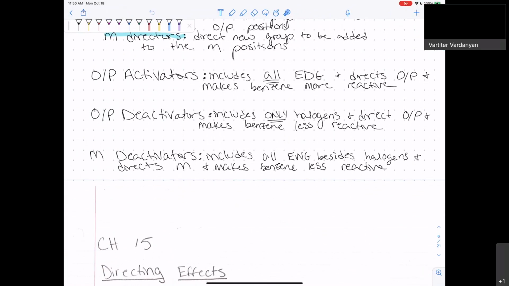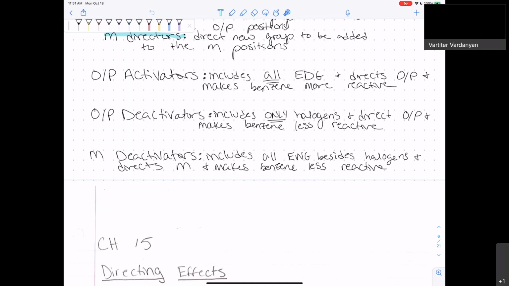And we call these guys the weak deactivators. Again, only halogens. They direct ortho/para and they make benzene less reactive. And then last but not least, all the meta directors include all of the electron withdrawing groups except for halogens. They direct meta and they make benzene less reactive.